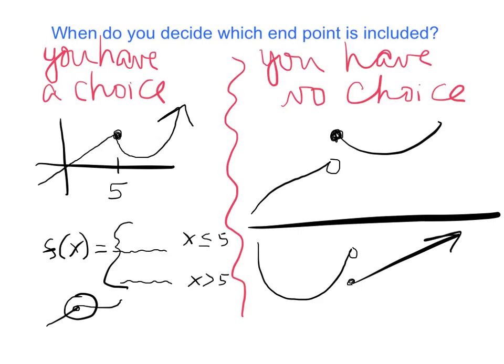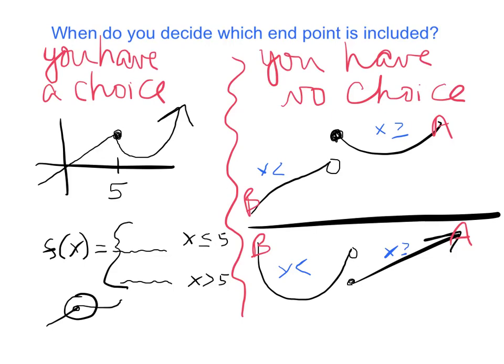It makes no difference which one's on top or which one's on the bottom, but the fact that they don't meet each other. So I'm going to call this graph segment A, and this is segment B. In this situation, this would be the one where it's for x is bigger than or equal to that number, and this would be when x is less than. Where here, we've got x is less than, and here x is bigger than or equal to.